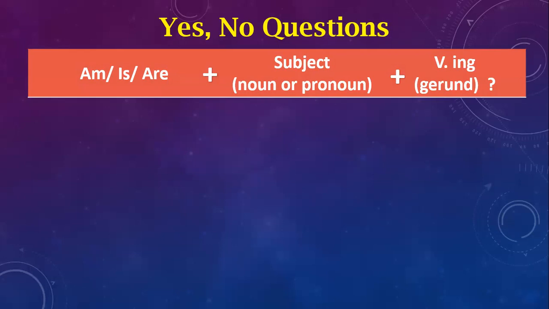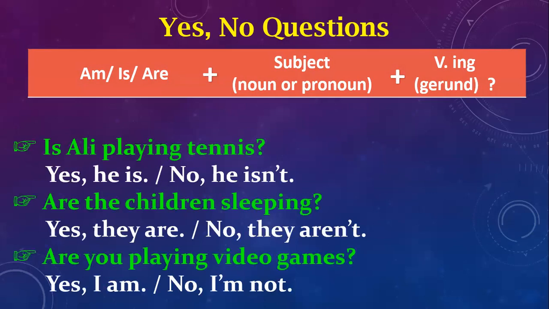So we begin with am or is or are, then the subject and the gerund. Like you see here, is Ali playing tennis? If I want to answer, it will be yes and reverse the subject with verb to be again. So yes, he is, or no, he isn't.